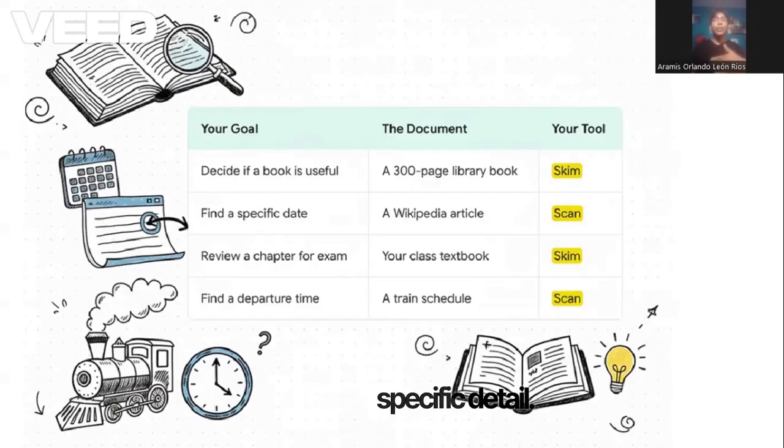For example, in future quizzes and exams that we have to do, we can apply skimming to have a general idea of what we are going to do in that exam.